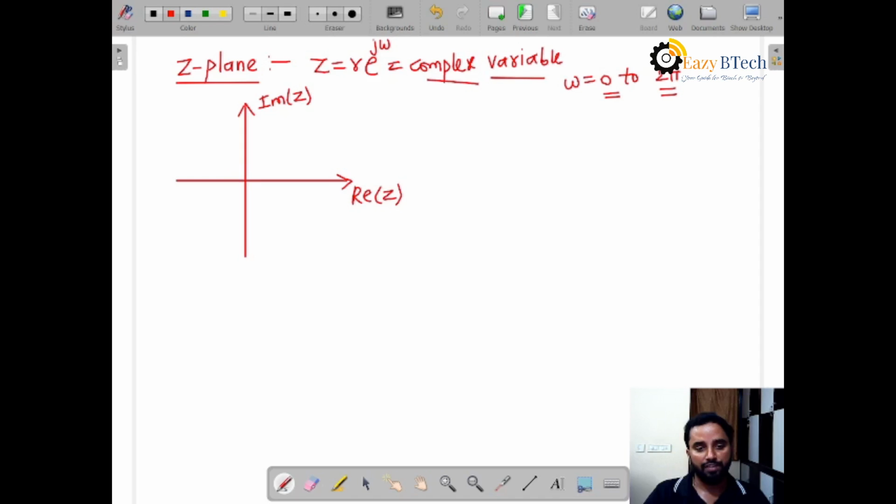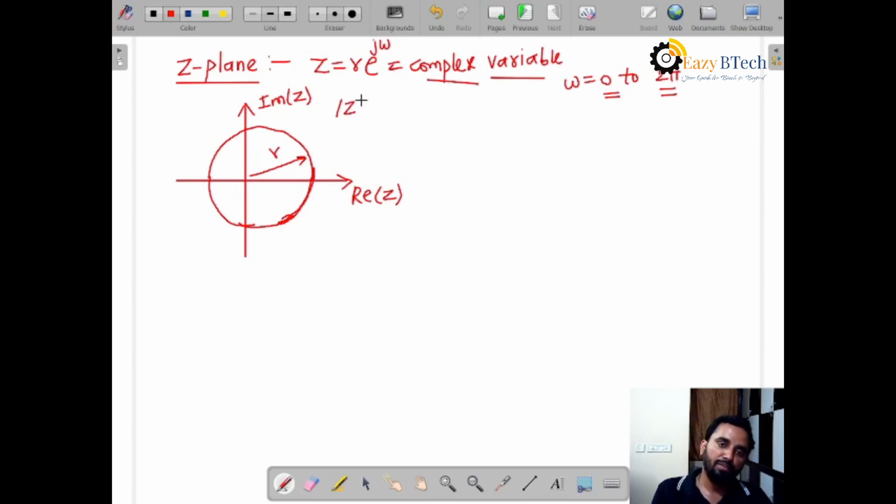If you change the phase, we get a circle in the Z plane. The circle is obtained as omega changes from 0 to 2 pi. The radius of this circle is R.